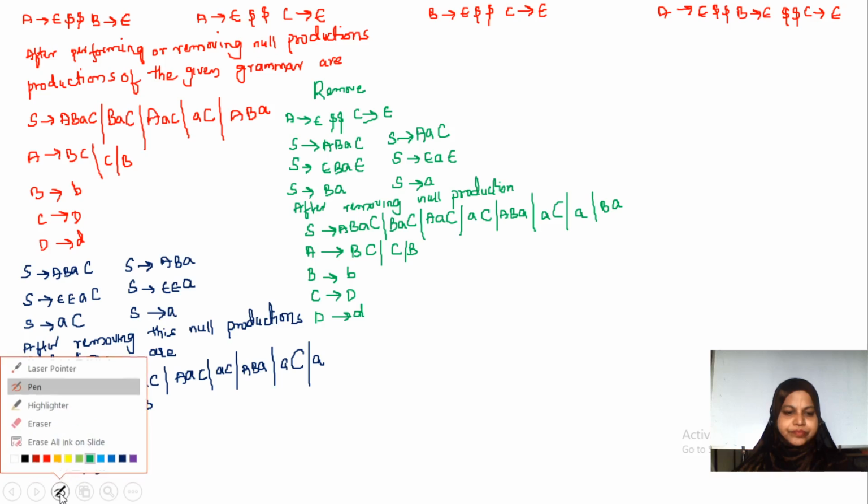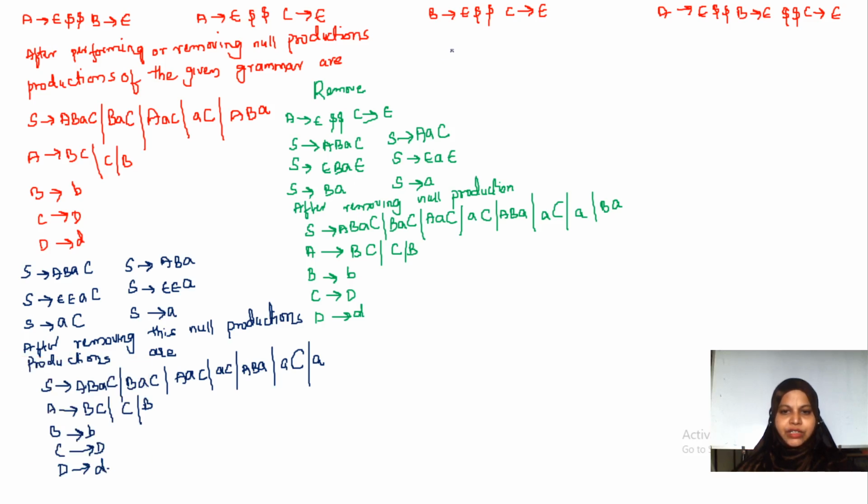Now remove the B tends to epsilon and C tends to epsilon productions. Check this one, BC. Is there any BC? Yes, here. S tends to A, B, A, C. S tends to B, A, C. B, A, C is there, A, C, A, B, A is there.